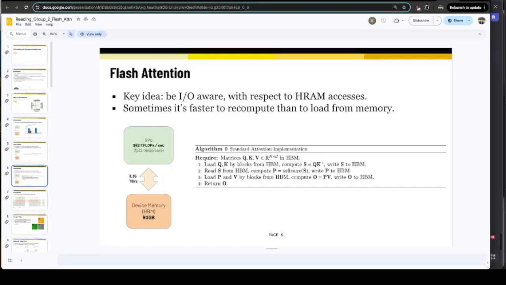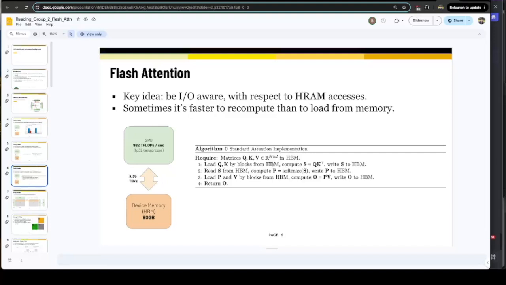Next slide, please. This is the standard attention formulation, which I assume everyone is very familiar with, but I feel like everyone starts every presentation with this, so we're going to go over it. The key thing to look at is what the actual device is doing.